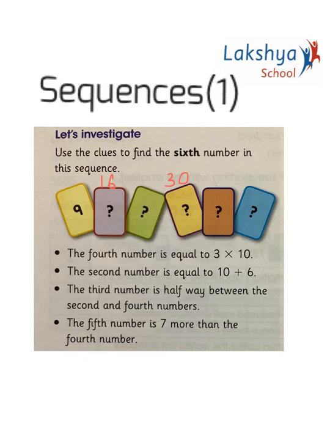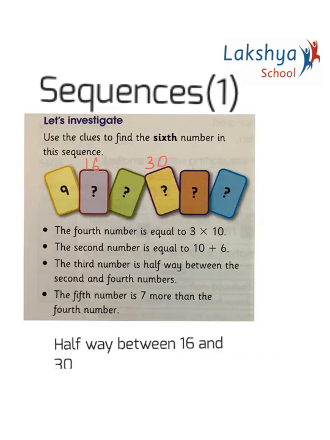Third clue. The third number is halfway between the second and fourth number. So what would be halfway between 16 and 30? You have already learned to find the halfway. To find the halfway between two numbers, the first step is to subtract the two numbers. That is 30 minus 16.